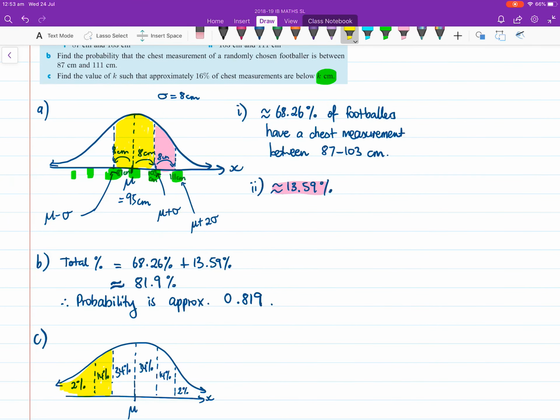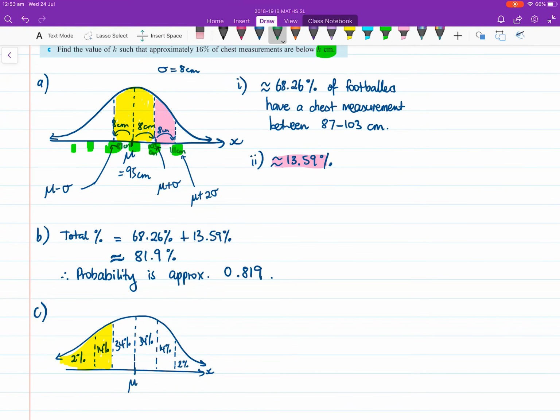So you can see there, the value of k is going to have to be this value here. Okay, so k then is going to be mu minus one of the sigmas, which is one that we have already done. It is, what, 95? Take away 8, so we get 87 centimeters. So k actually has to be 87 centimeters.